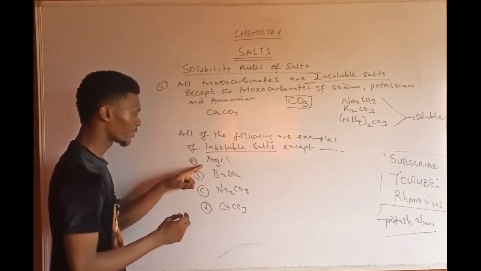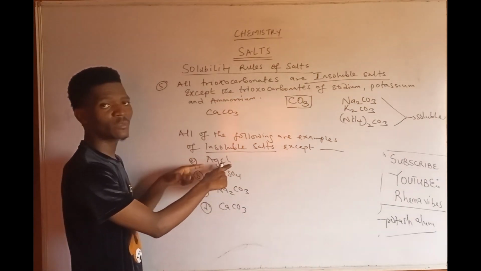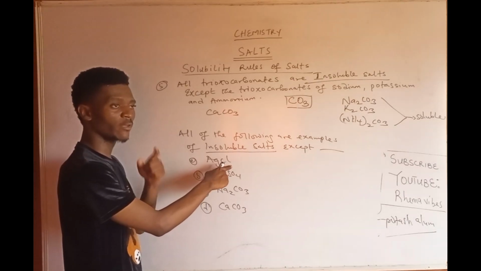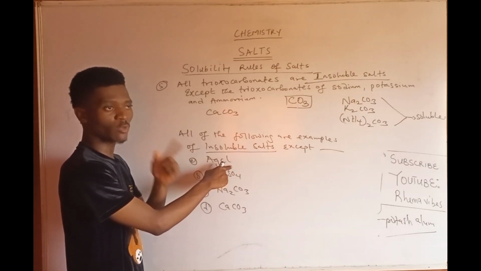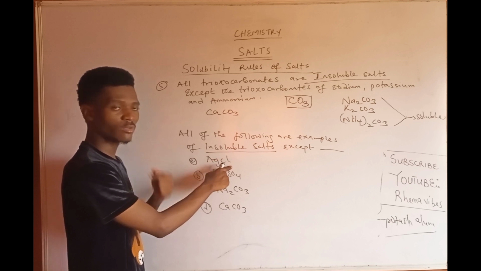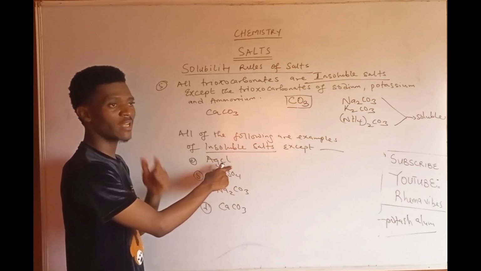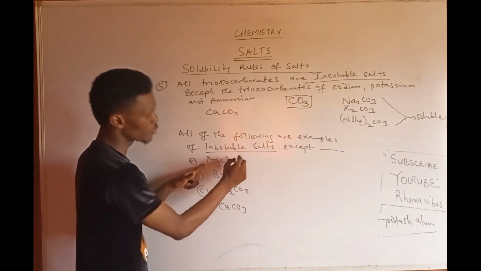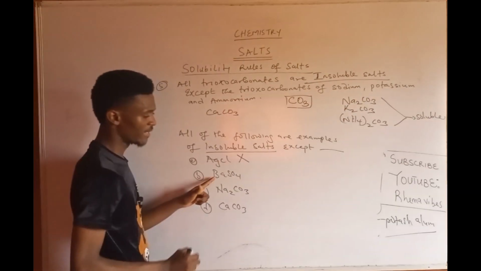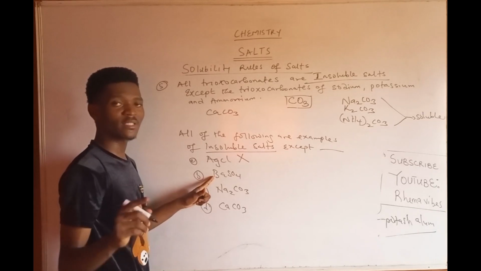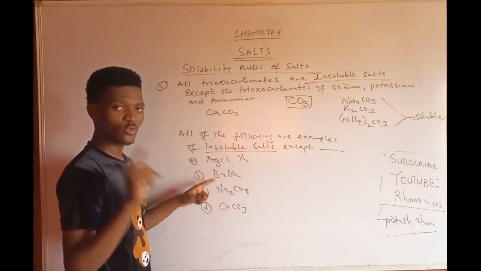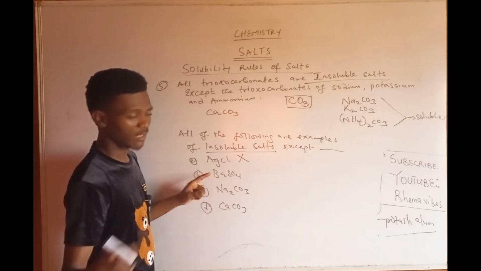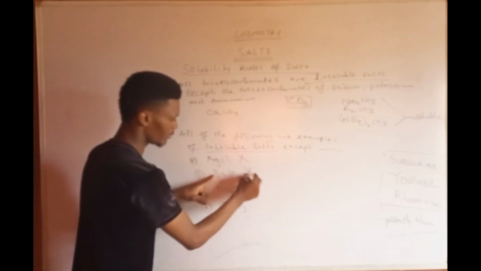Looking at silver chloride, is this soluble or insoluble? From rule number 2, all chlorides, bromides, and iodides are soluble, with the exemption of those of mercury, silver, and lead. So this one is insoluble. Wrong. Then barium sulfate: all tetraoxosulfate(VI) salts are soluble except lead sulfate, barium sulfate, and calcium sulfate. So this one is insoluble. Wrong.